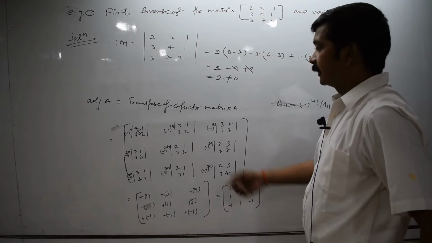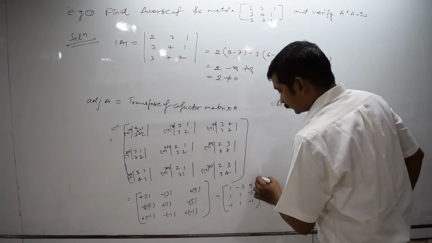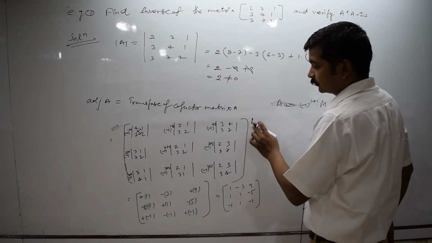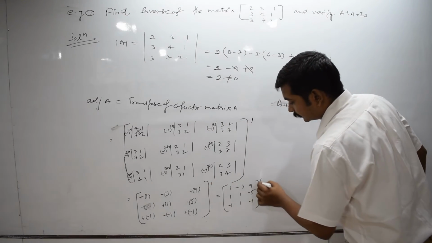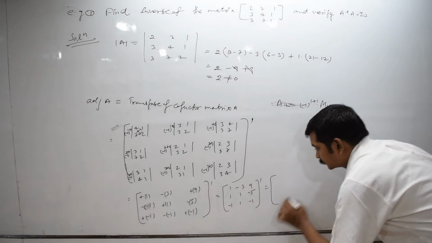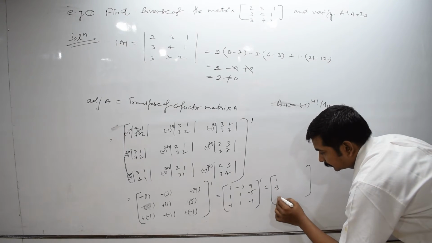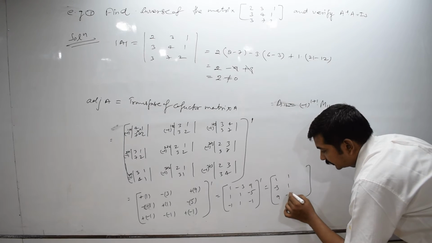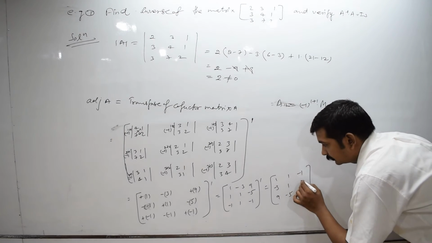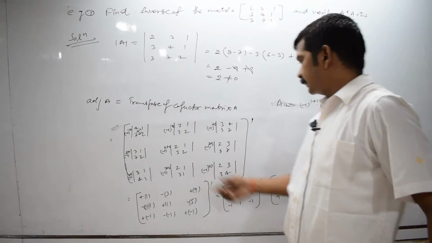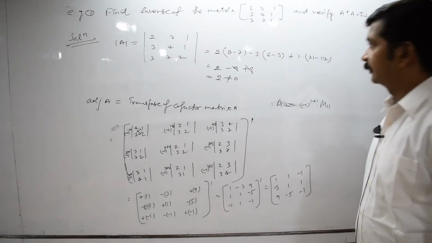So, this is the cofactor matrix, and for transpose we use the dash or power T. Now, the transpose of this will be 1, minus 3, 9, 1, 1, minus 5, minus 1, 1, minus 1. So, we find the adjoint matrix by a very short method.